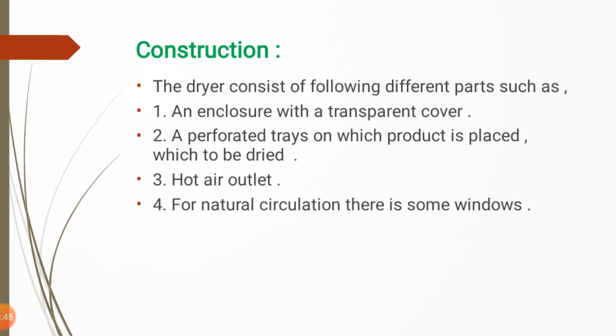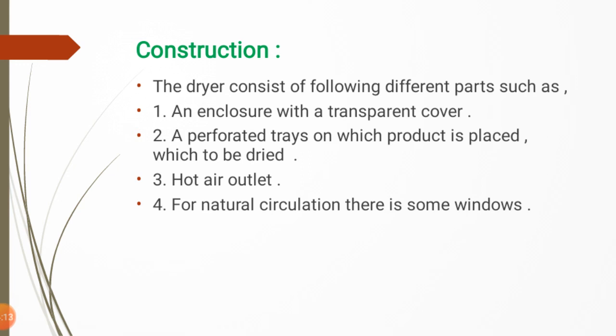Next part is the hot air outlet. For natural circulation, there is natural ventilation, and there is a hot air outlet. After drying of the food, the air escapes from the enclosure through the hot air outlet. Next, for natural circulation, there are some windows.